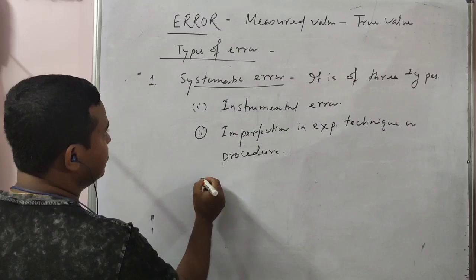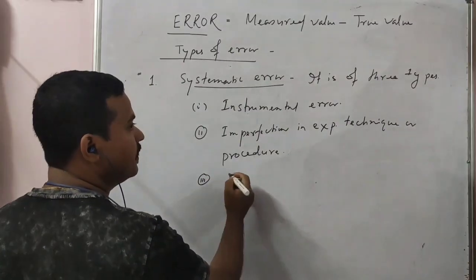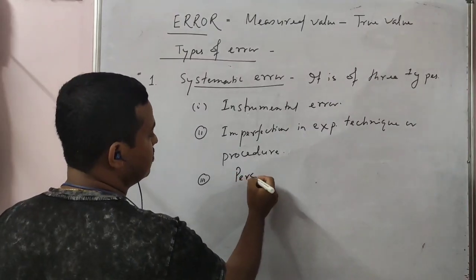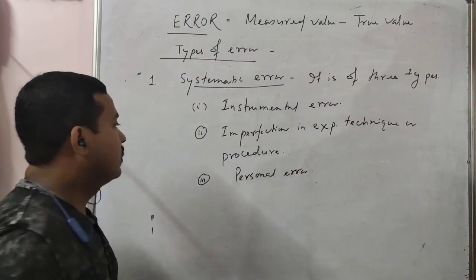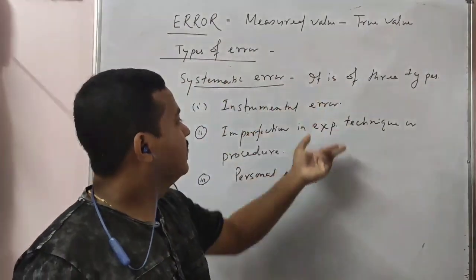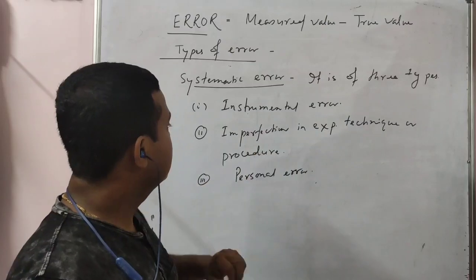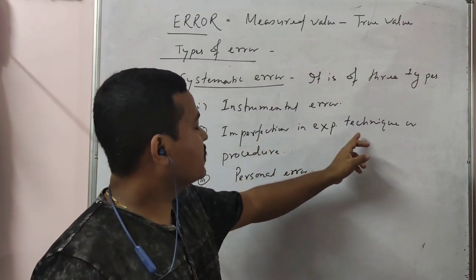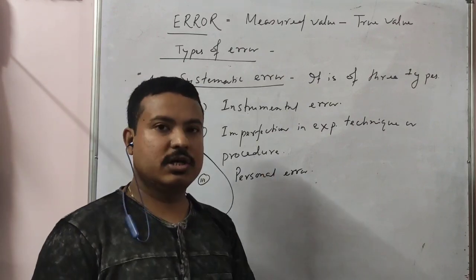And third one is personal error. Okay, so systematic errors can be divided into three groups. One is instrumental error, then imperfection in experimental technique or procedure, and third one is your personal error.